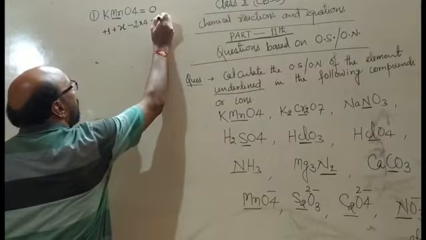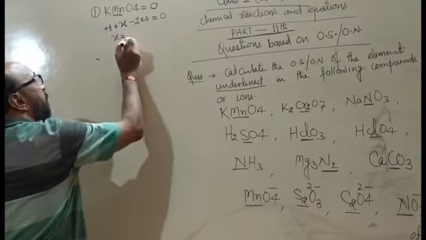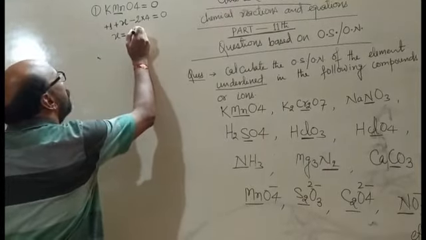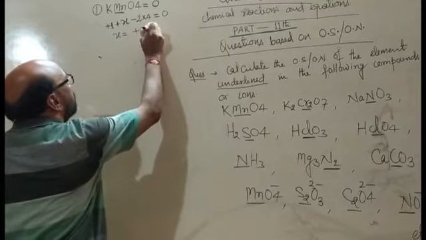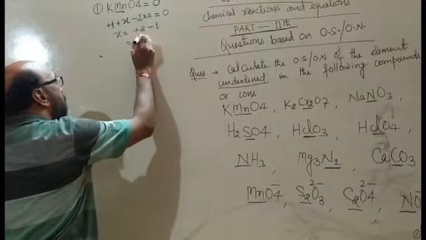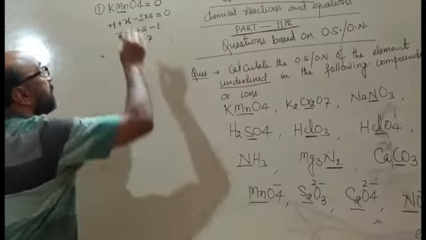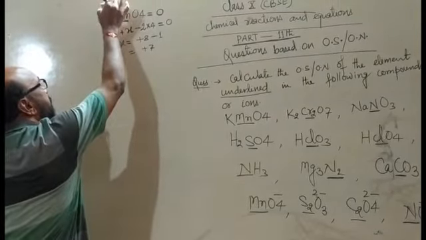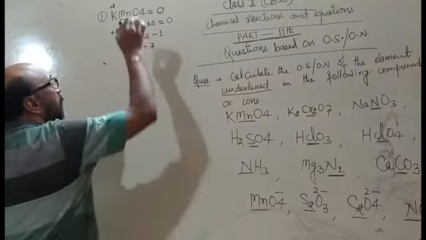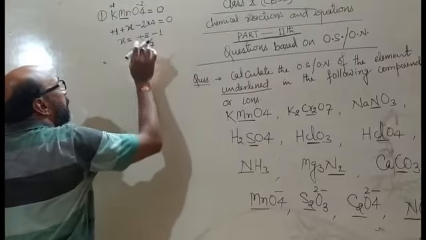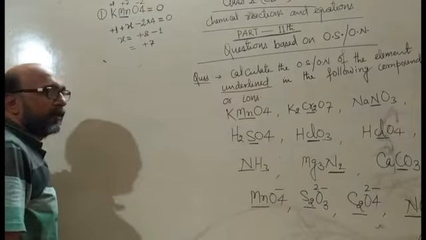So we shall multiply -2 by 4 and then calculate the value of x, which is equal to plus 8 minus 1, that is +7. We can indicate all these oxidation states here: potassium +1, that we know from the rules, oxygen -2, and manganese we have calculated +7.